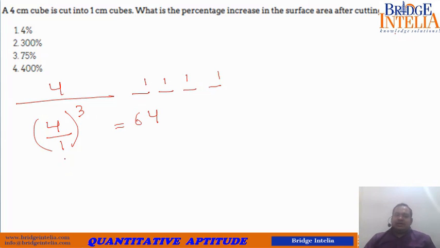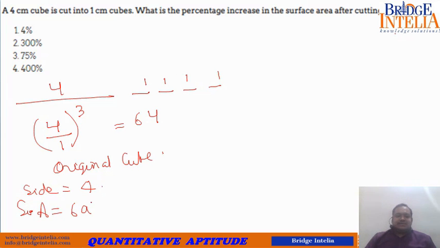Now let's compare. The original cube has side 4. So surface area is 6a square, 6 into 4 square, 16, or 96.